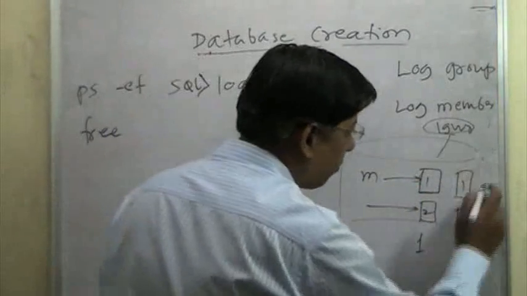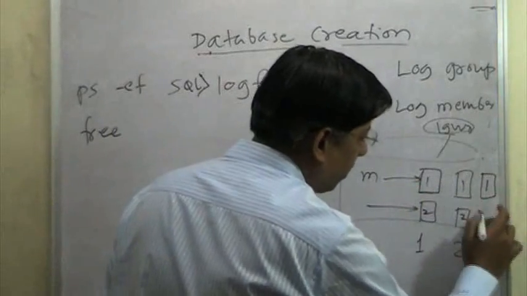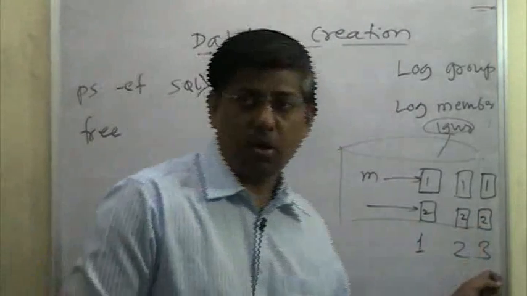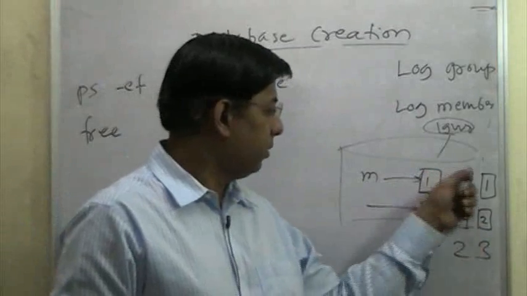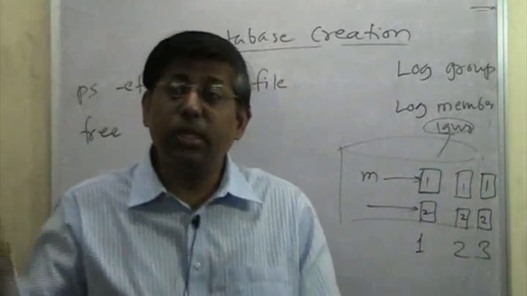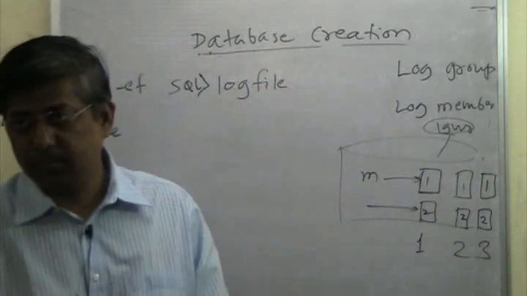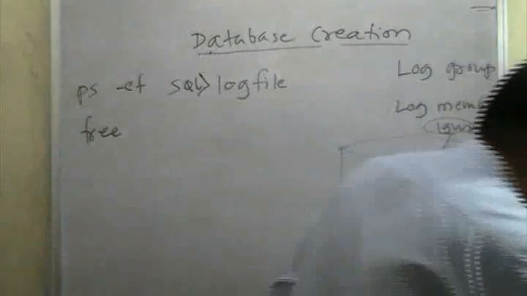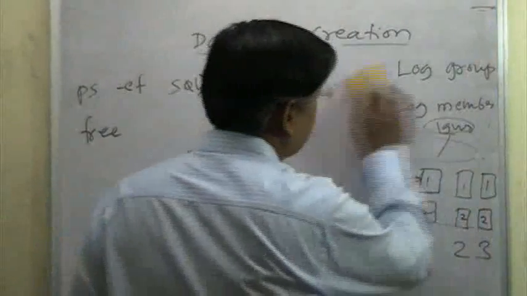And if you decide to have one more log group, then again the first member and again the second member of log group 3. So 1, 2, 3 are the log groups, and 1, 2, 1, 2, 1, 2 are the log members within that log group. So we are now going to use this terminology, log group and log members.